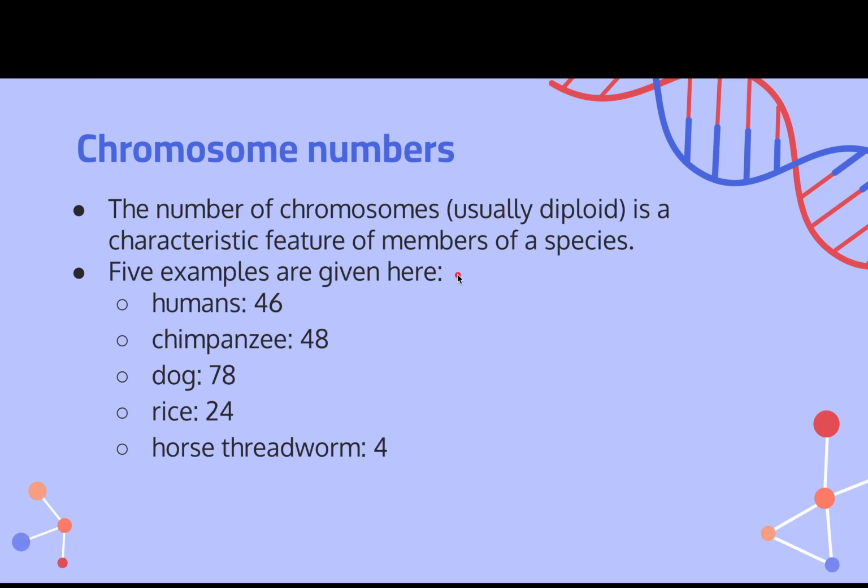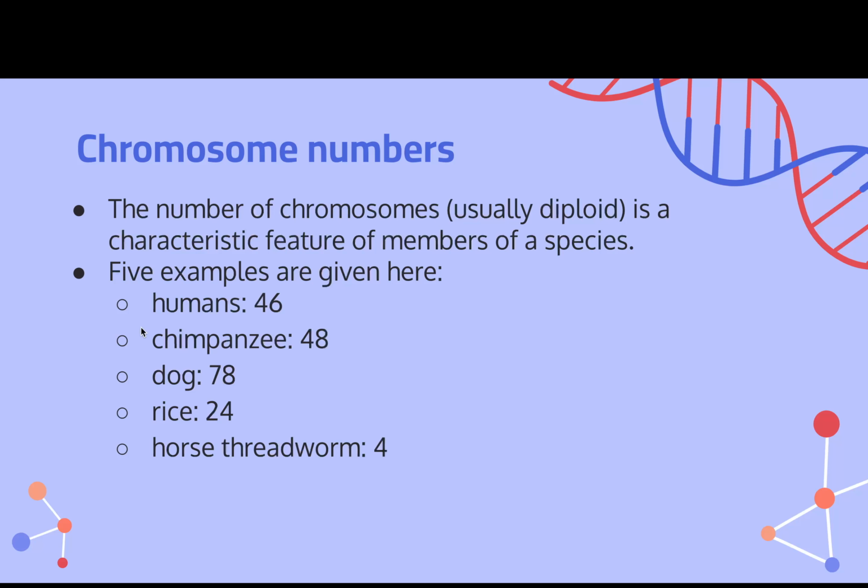one of the things that we can draw from this is that because humans and chimpanzees have such a similar number of chromosomes, a lot of our characteristics are similar, which is why we are often considered closely associated with that species, because our number of chromosomes and our type of chromosomes are very similar.